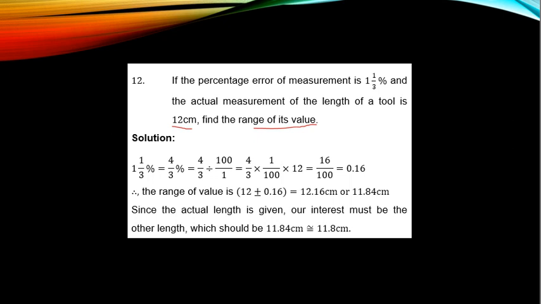So first we take the percentage error, 1 1/3, convert it to improper fraction, you have 4/3. To convert it from percentage, you divide it by 100. From what you learned in fractions, division sign changes to times.